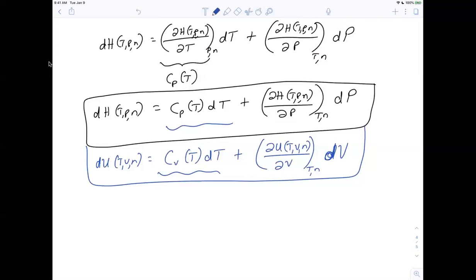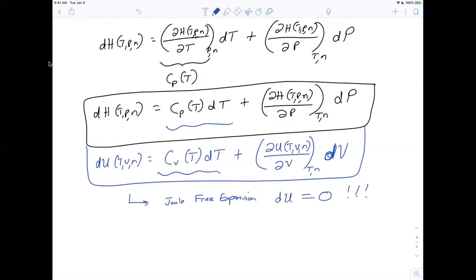Does anyone remember what that special characteristic of the Joule free expansion was? The characteristic was that dU is equal to 0.